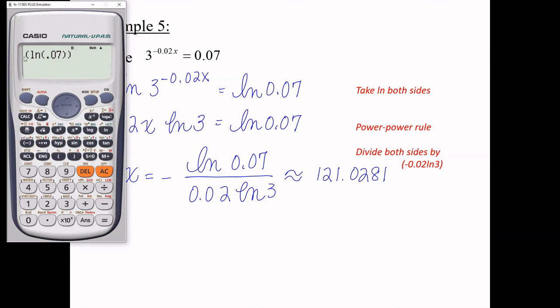Another parentheses because I've got 2 openings, so I've got to have 2 closings. Divided by 0.02 natural log 3, close the parentheses, equals.